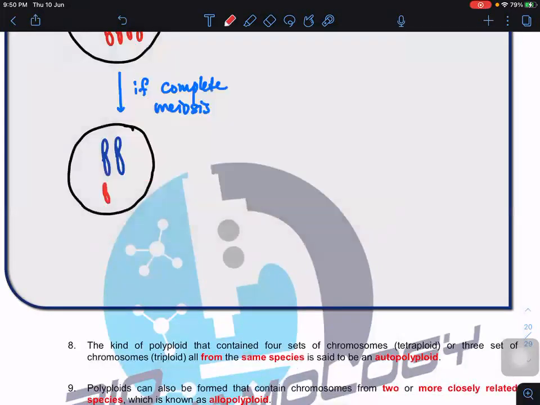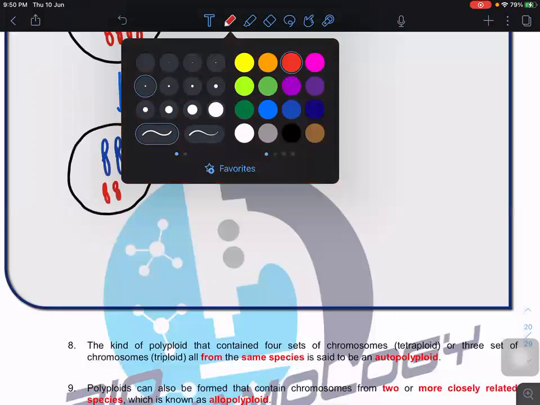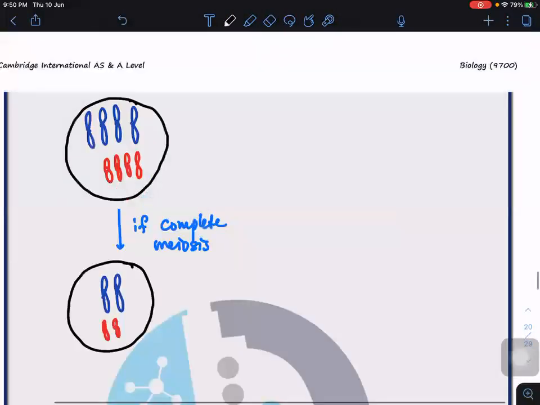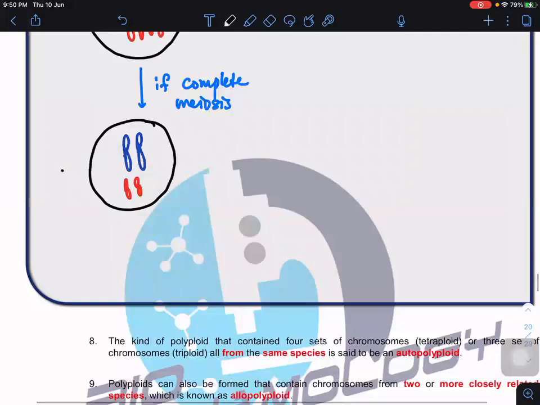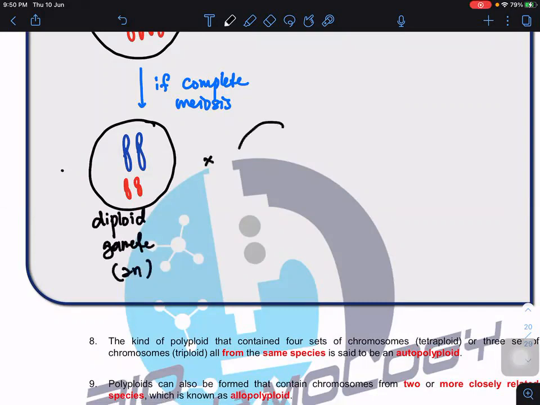Diploid gamete, so this is 2n. So just now this is 4n tetraploid, so we get 2n gametes or diploid gametes again. So 2n. So if fertilization is with a haploid gamete, n.